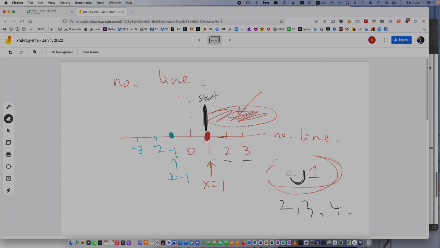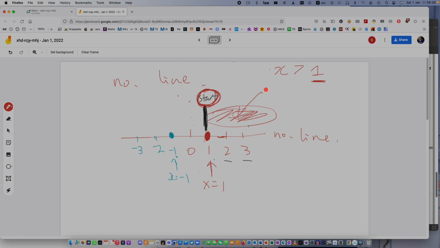So I am doing for x bigger than 1. First I identify where is my start point. This is my start point. Because it's 1, my start point is 1.